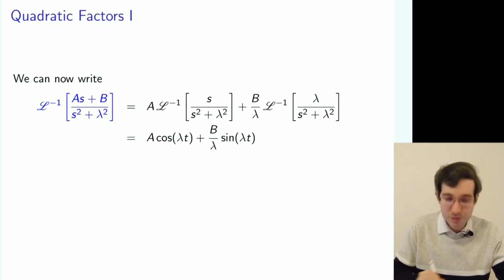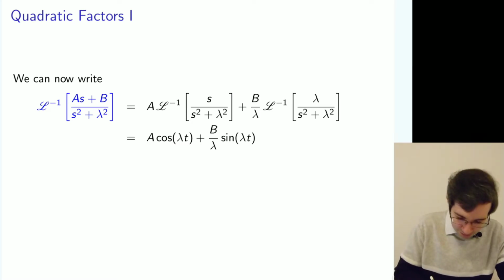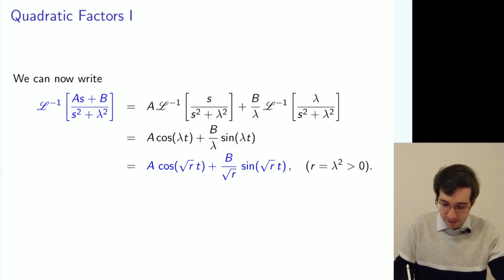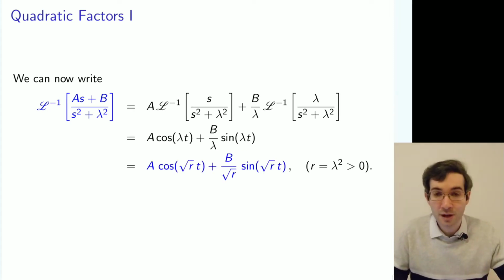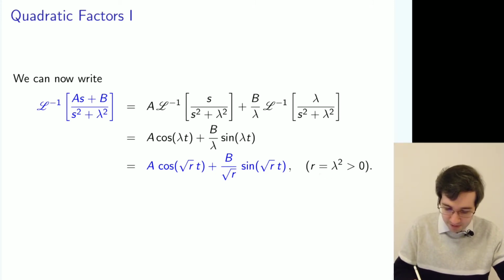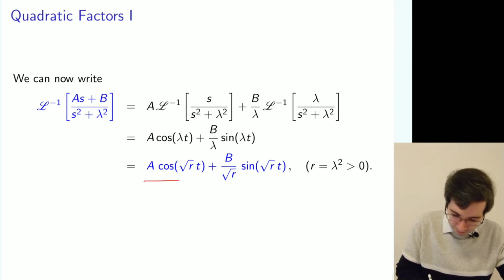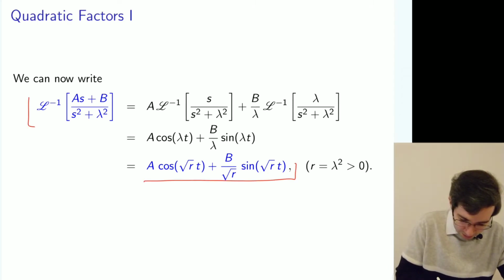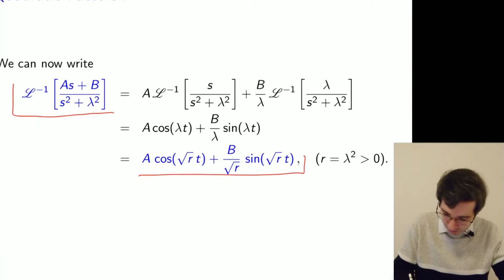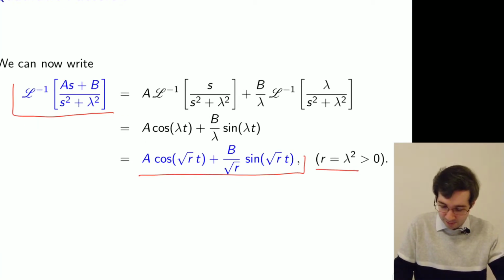So for a positive r, you'll get a constant times a cosine or another constant times a sine. And you can go back to r by just taking a square root because they're related. So that is the final expression for the inverse Laplace transform of that form for r equals lambda squared.